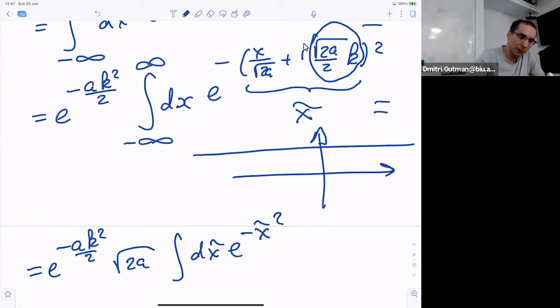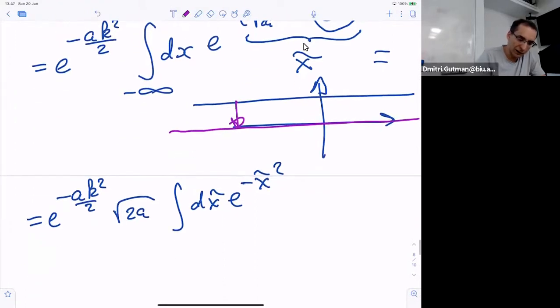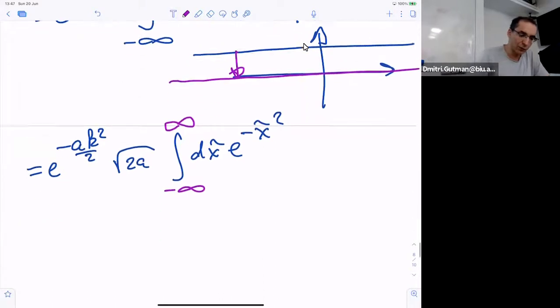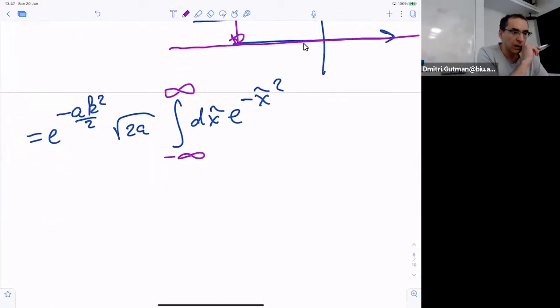So we are allowed to take this contour and move it back and make this integral go from minus infinity to infinity without changing the value of the integral. Then we are left to compute this integral. How do we compute this thing?